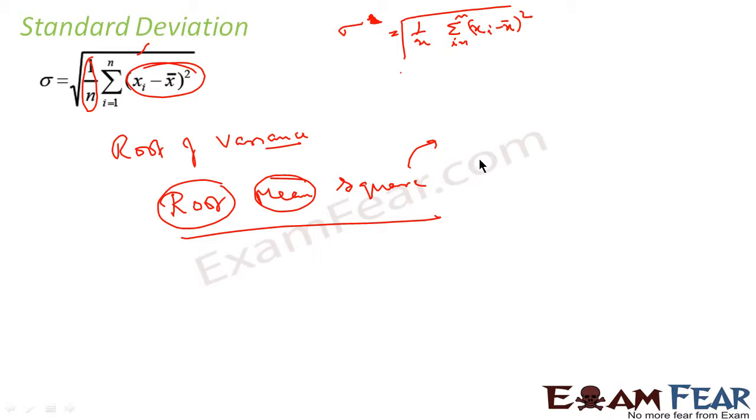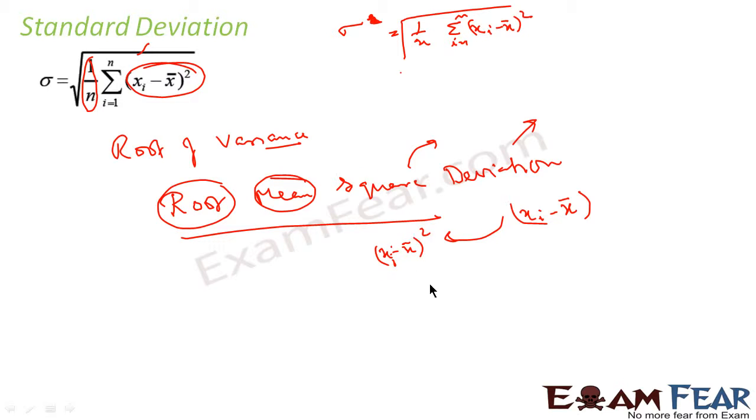Follow from the back. First you square, and the square is the square of deviation. So it is root mean square deviation. First you will find the deviation, that is xi minus mean, because this is the deviation. Then you square the deviation, and you get xi minus mean square.